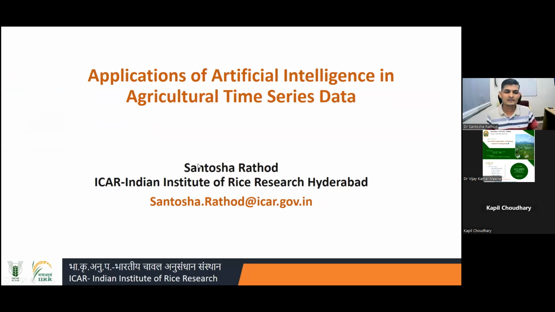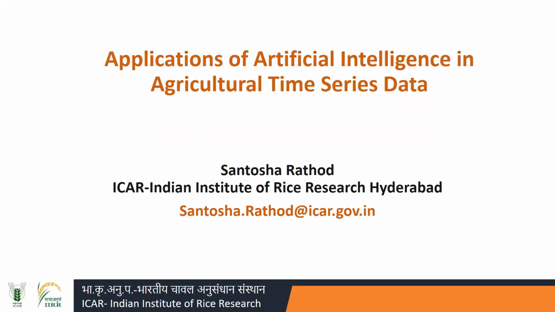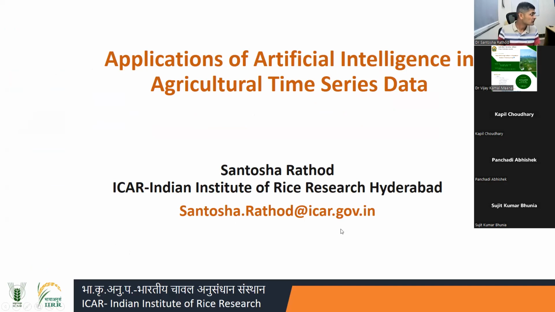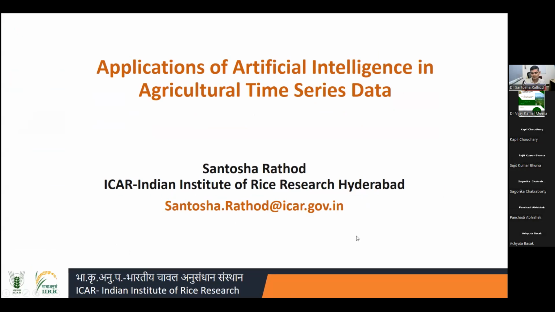Good afternoon, friends. Today I'm going to talk on application of artificial intelligence techniques in agricultural data, specific to time series data, and I'll also introduce some applications of this in genomic prediction, in case some breeders are in this group.